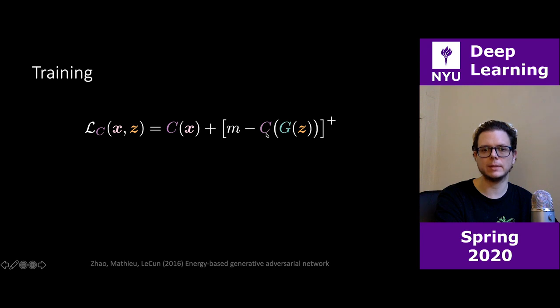As soon as C, the cost network, gives me a cost for this generated input which is larger than M, then this part here, M minus some number larger than M, is going to be a negative number. Then since I take the positive part, this goes to 0. And so this part of the loss goes to 0 whenever the cost network gives me an output that is larger than M for an input that is being provided by my generator.